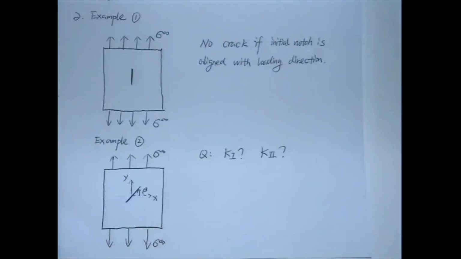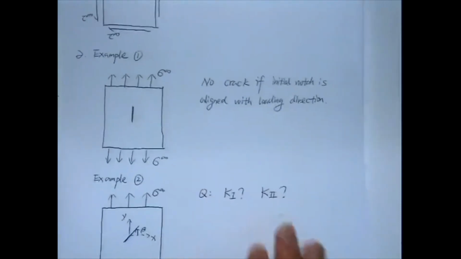So it seems a very different, a strange scenario, but when you think about the remote stress, it's so far away from the crack. And you can simplify this problem to look at that in a rotated stress, because you are more familiar with the stress.